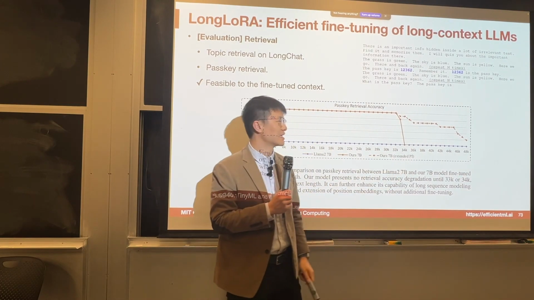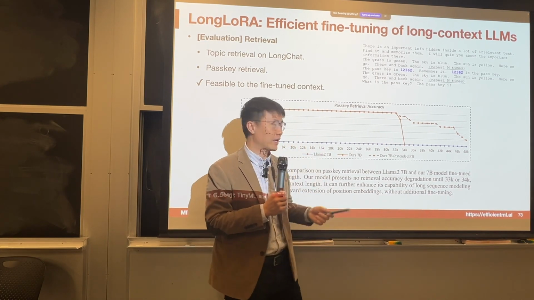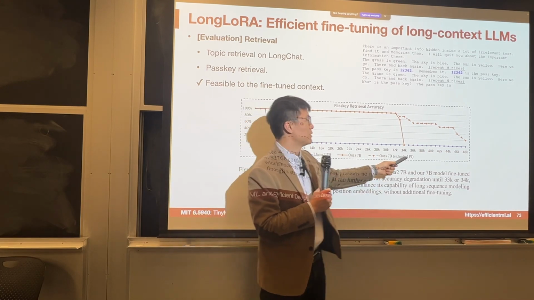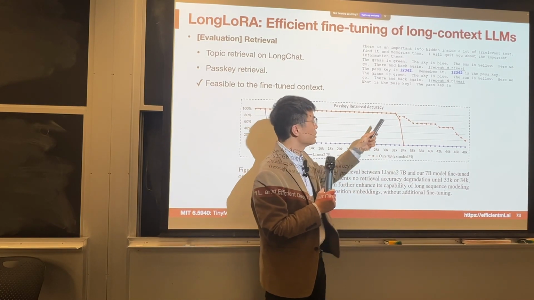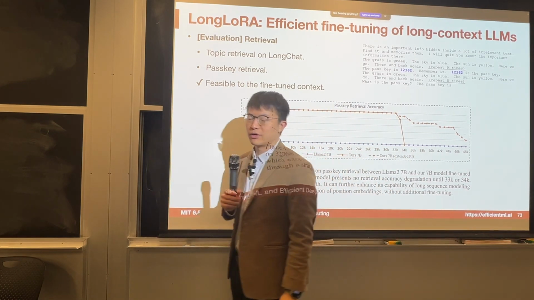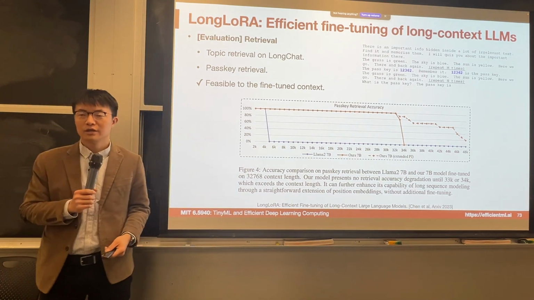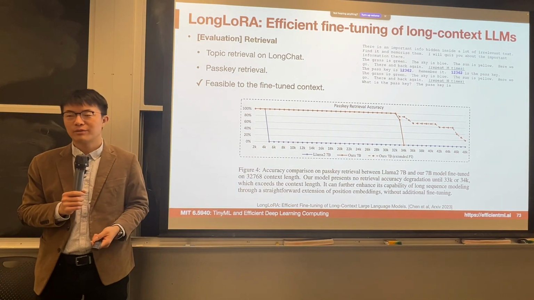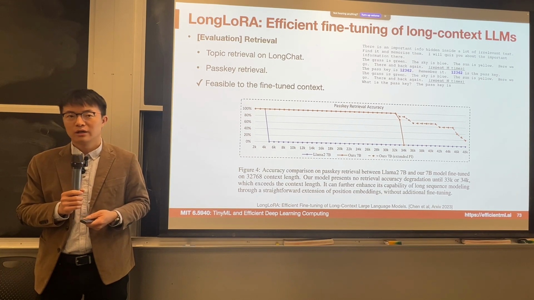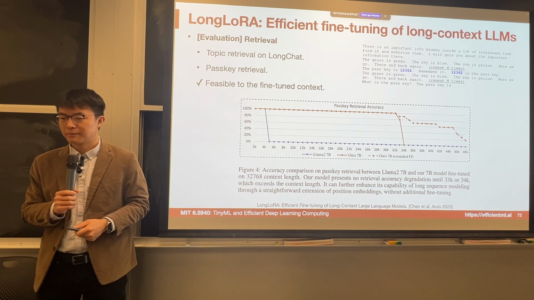Together with the extended positional embedding technique, position interpolation (PI), we can have decent accuracy even beyond 32K. This is quite important if you have a long academic paper you want to summarize, or a very complicated financial report you want to read through. Long context techniques are quite crucial.